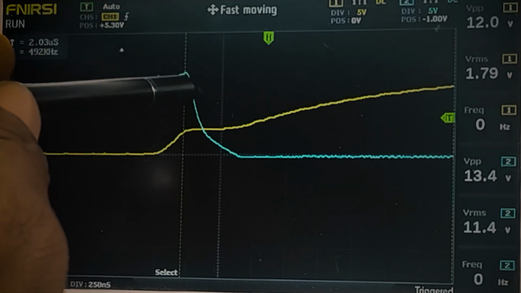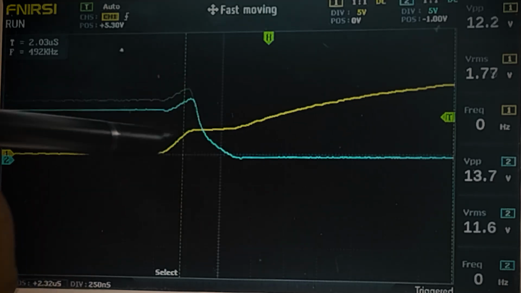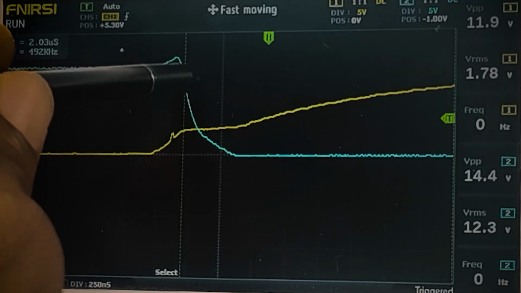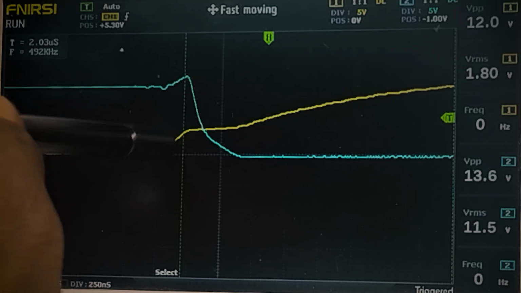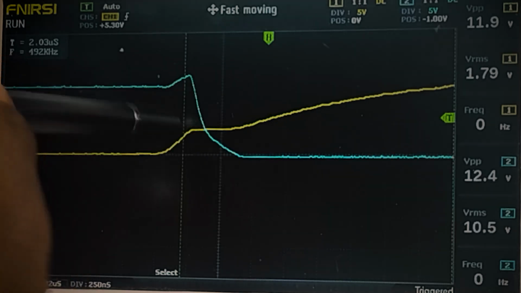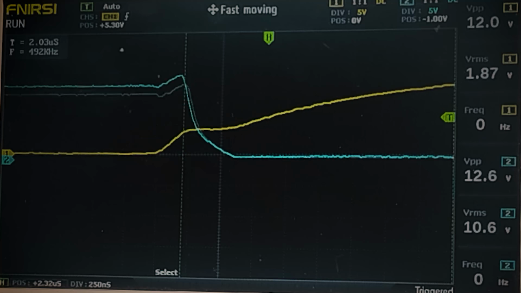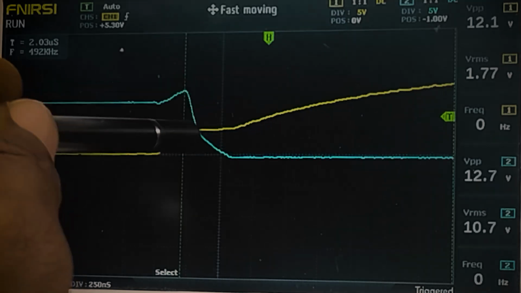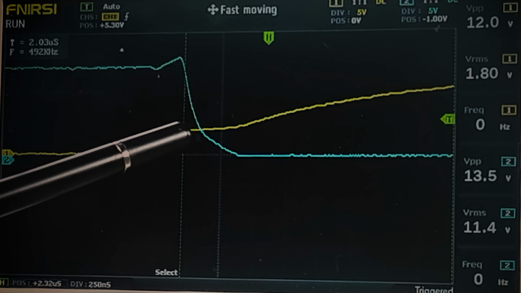Our gate current now diverts to charge the gate-to-drain capacitance. So we have another capacitance showing up between the gate and the drain, and current flows in to charge that capacitance. The gate-to-source voltage stays steady, so that's why you see this straight line here.